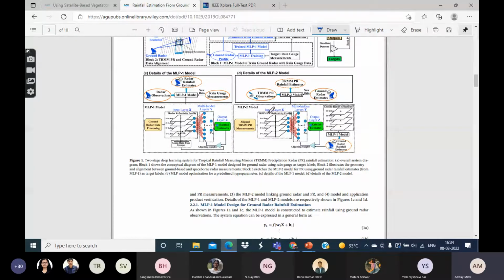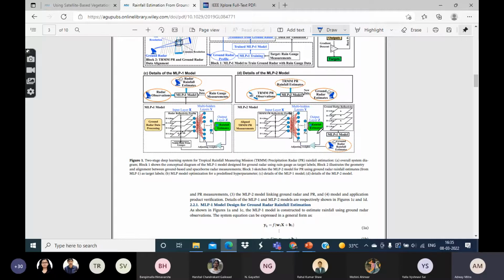The input is the TRMM measurements from the TRMM radar. Once again, that is a reflectivity profile of the radar at different altitudes and so on. And the inputs obtained from the ground radar are passed through the MLP1, and then passed on as the ground truth spatial map of the rainfall.